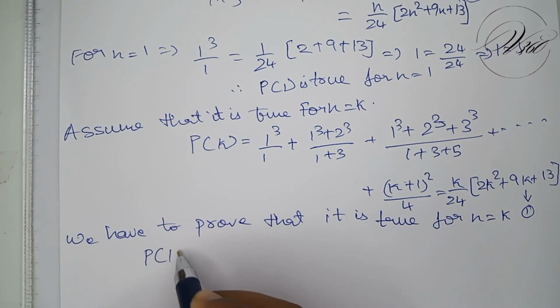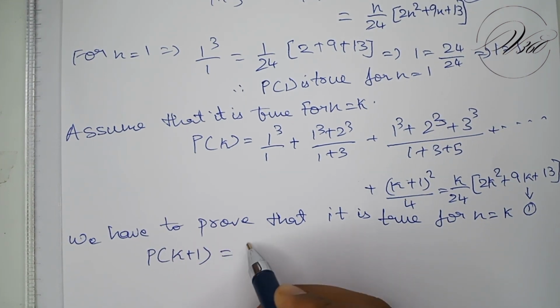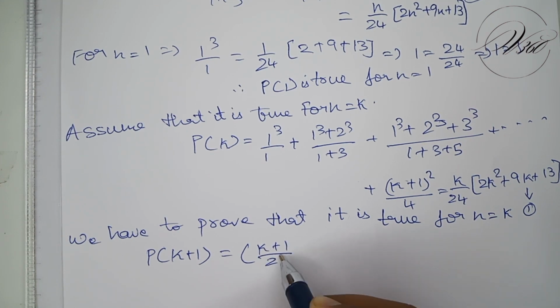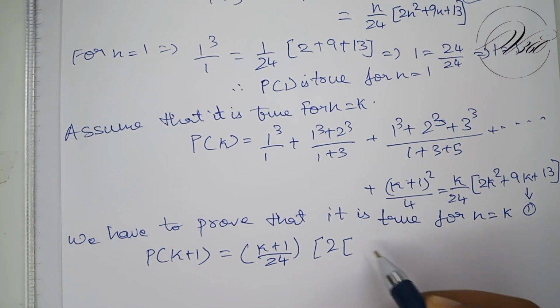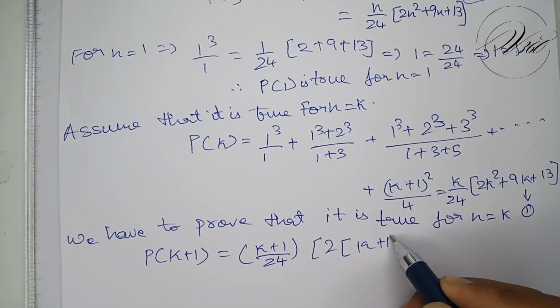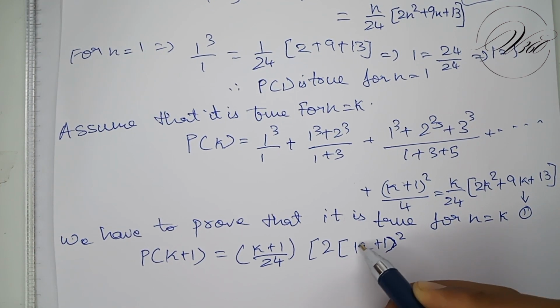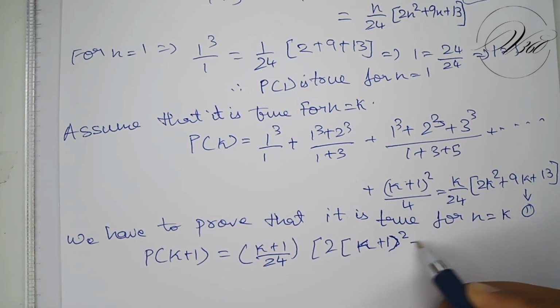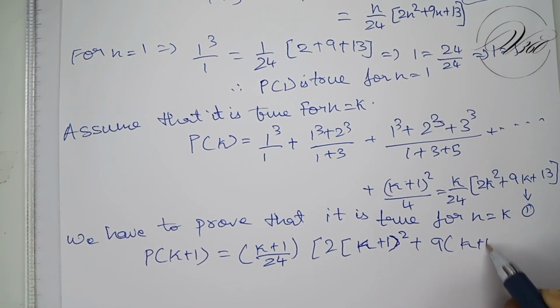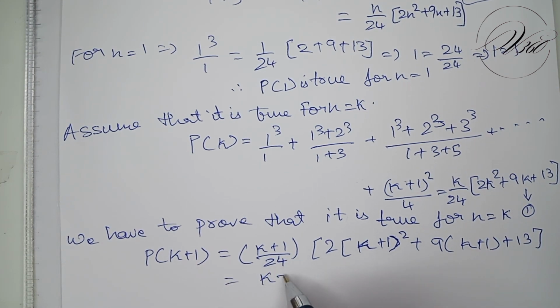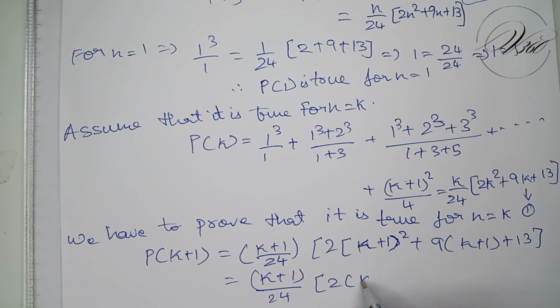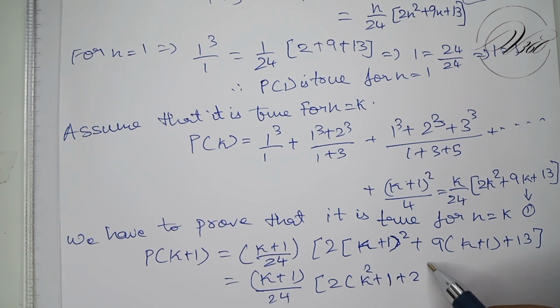Now p of k plus 1 is equals to k plus 1 by 24 of 2 of k plus 1 whole square plus 9 of k plus 1 plus 13, which is equals to k plus 1 by 24 of 2 of k square plus 1 plus 2k.